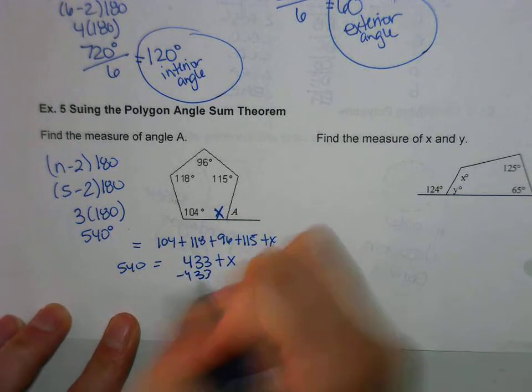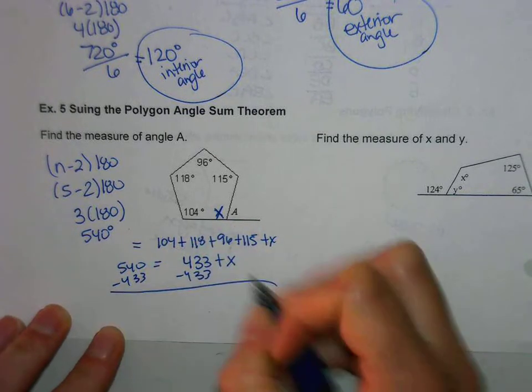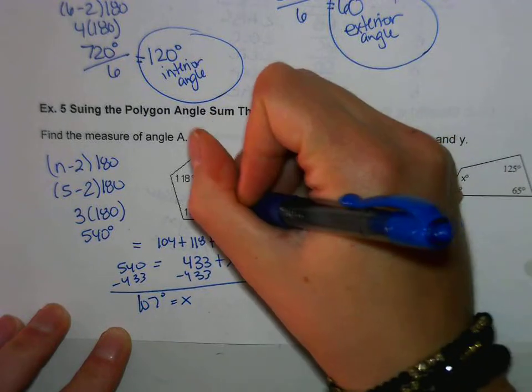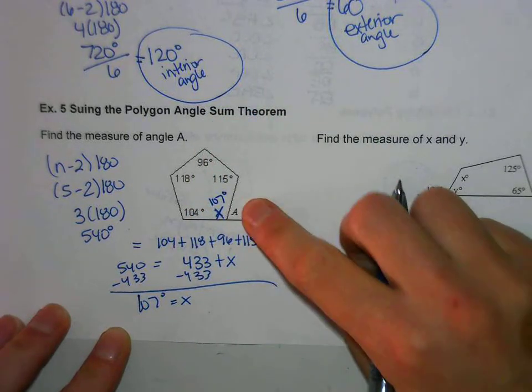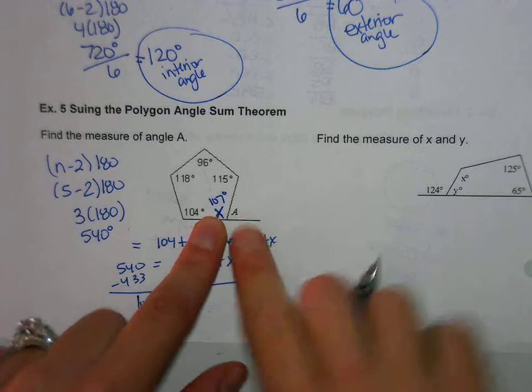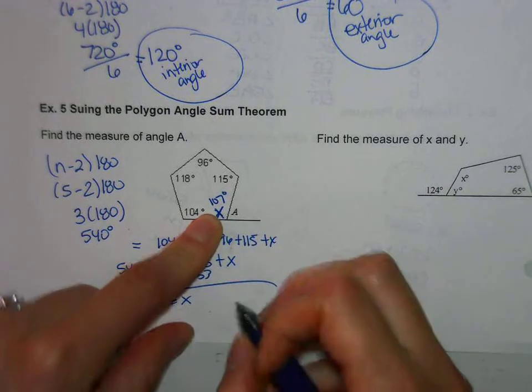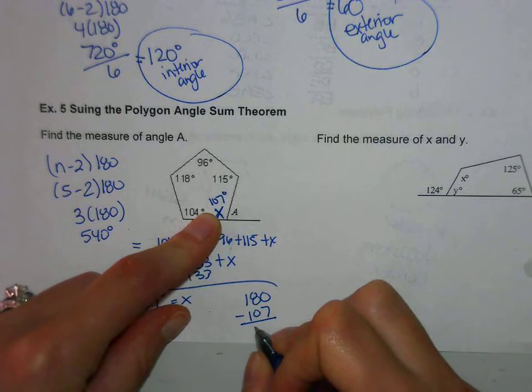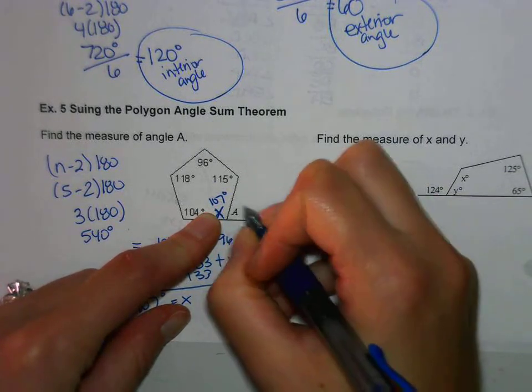So when I subtract that from both sides, I get that my missing interior angle is 107 degrees. To find angle A, I know these two are supplementary because they form a straight angle. So 180 minus 107, my angle A is 73 degrees.